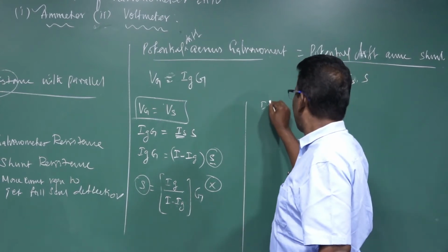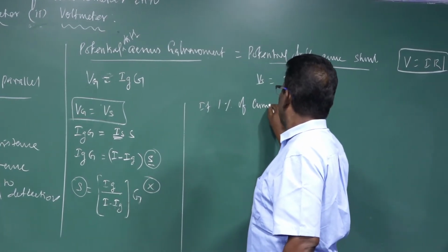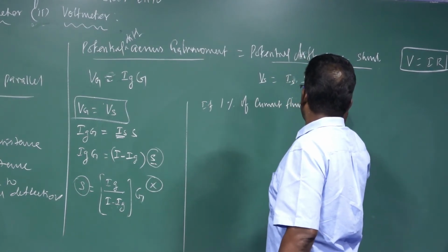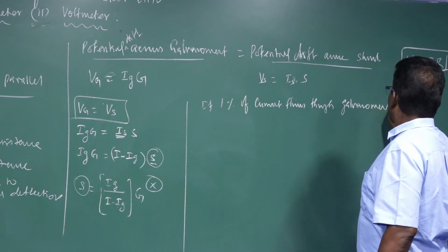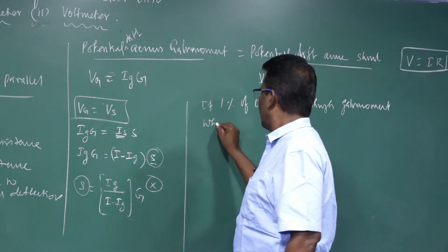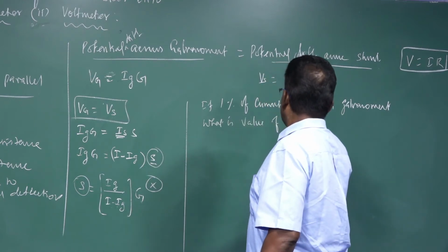If 1% of current flows through a Galvanometer, what is the value of shunt?